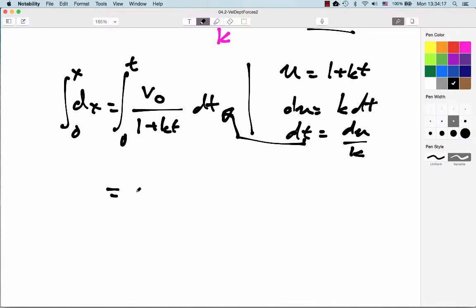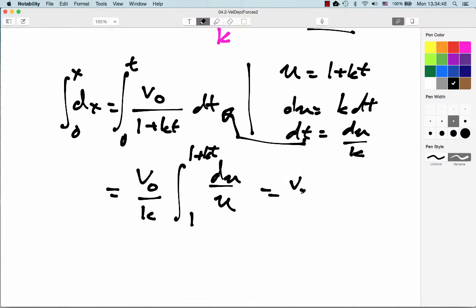So this becomes, we can pull out a v naught from here. It's a constant. We'll get a k over there from doing the u substitution. Then we'll have the integral du over u. Again, we have to be careful about our limits. Our limits are going to run from t equals 0, that becomes u equals 1, to t equals t. So that's 1 plus kt.